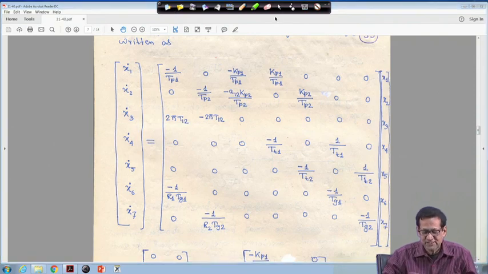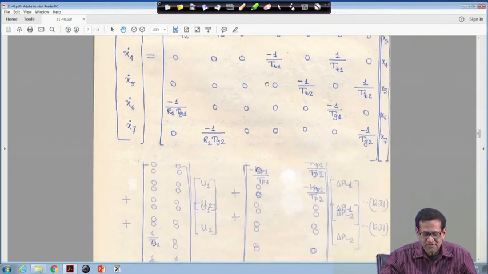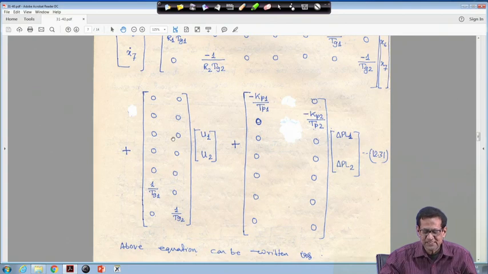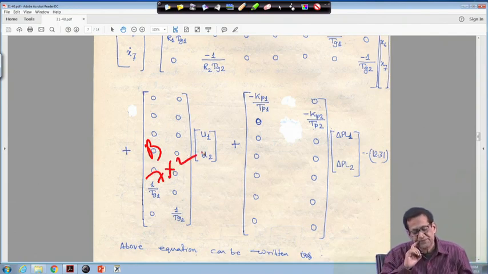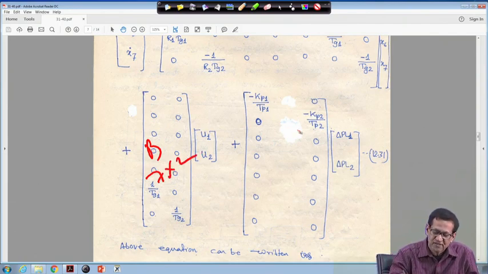And next is your Bu. So, this is our B matrix, this is 7 into 2, right, and this is your gamma matrix, right. So, gamma p, this is the gamma matrix, 7 into 2.